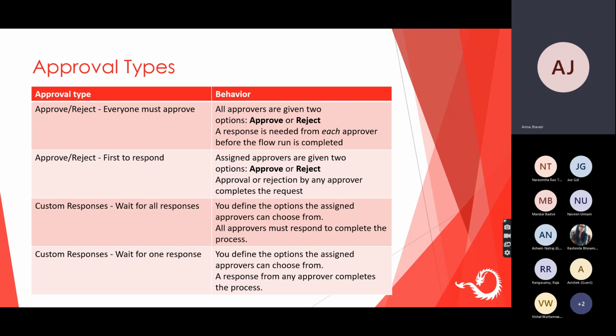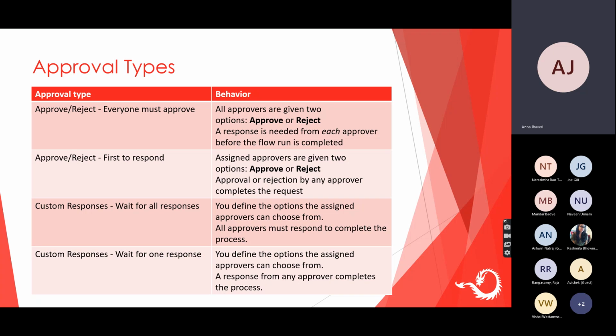Then the next is approve, reject, first to respond. Same as the first type, the approver will get approve and reject options when they want to provide their decision on the request. But here, only the first one counts. For example, if there are 3 approvers and the first person responds to the approval request, then the approval is done.